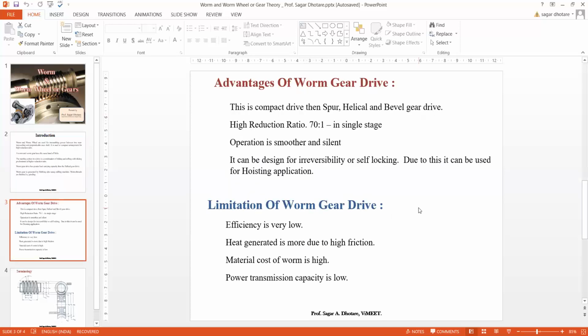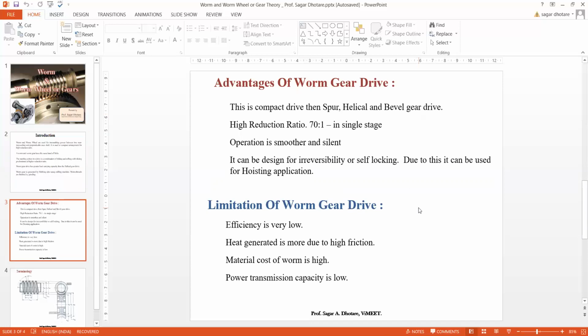Now let's discuss the advantages and disadvantages of the worm gear drive. As compared with others, it is very compact with a high reduction ratio. In a single stage, it can reduce speed up to 70 to 1.